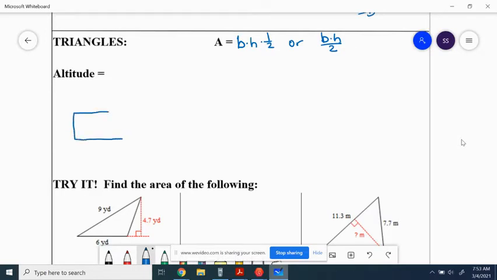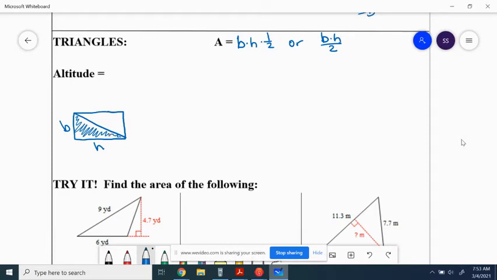Let's draw out a parallelogram, a nice rectangle here. We know that the formula for a parallelogram is just base times height. But if we notice here, if I were to cut this thing in half, I'm left with 2 triangles. So if I do base times height times half, I'm only left with the area of this triangle.